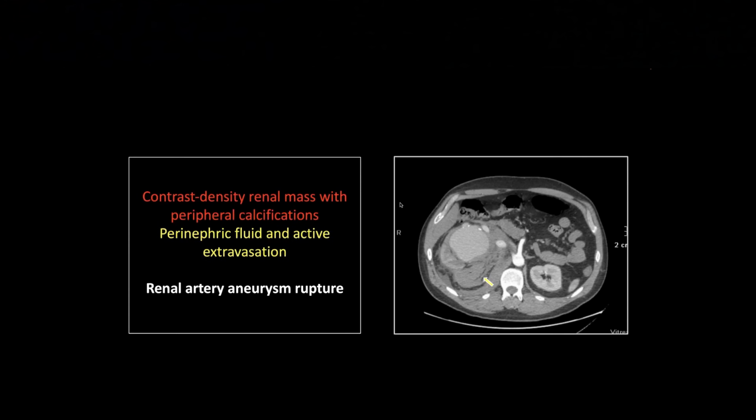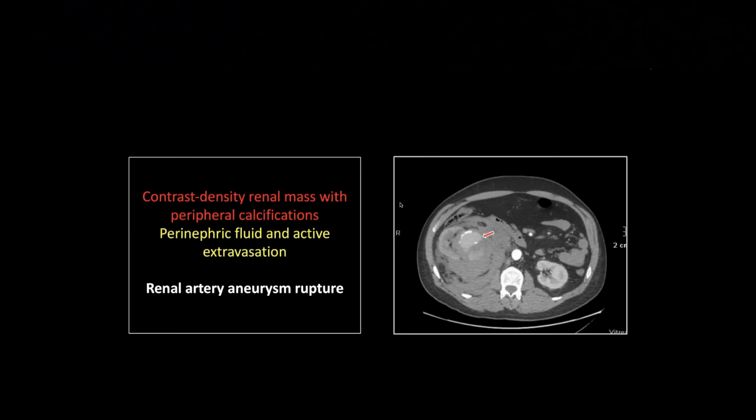And there's a great deal of perinephric fluid here, and there's actually even active extravasation here lower down. So there again is that contrast collection with peripheral calcifications telling you this is a vascular lesion. And then adjacent to it, there's the extravasation at ill-defined wispy density that is leaking contrast.